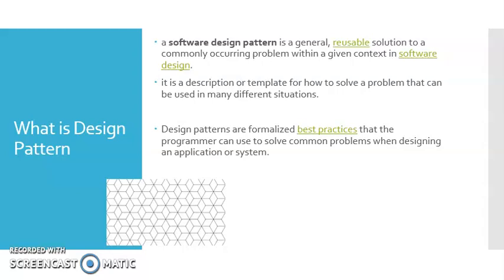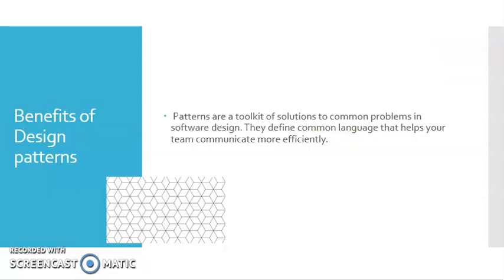Okay. So what are the use and the benefit of using design pattern? I want to give a simple example. If you want to bake a cake, you can bake a cake with flour and sugar and milk, whatever you like, with any amount, right?